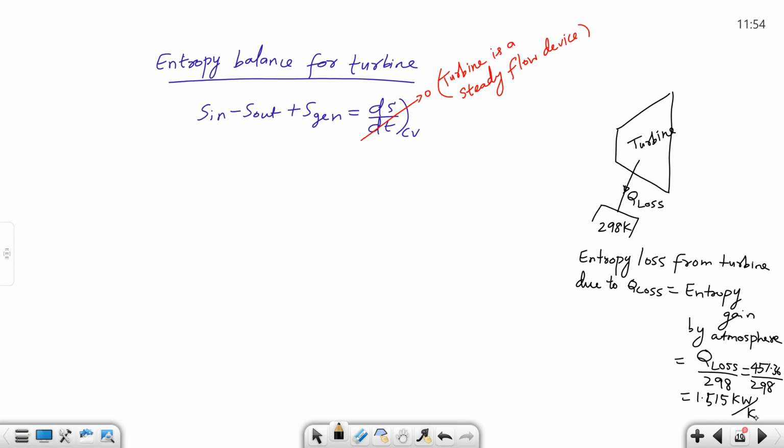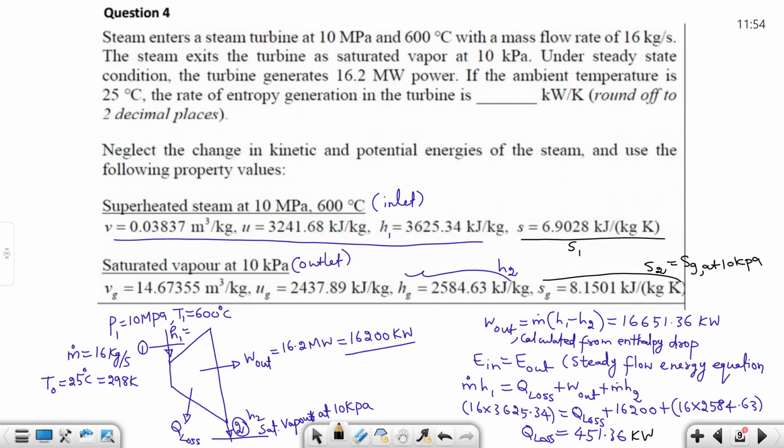This is because heat loss is given in terms of kilowatt, and irreversibility asked is also kilowatt per Kelvin. So everything you can put in kilowatt per Kelvin.